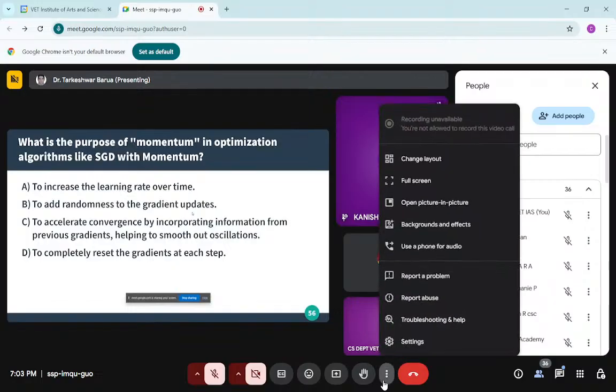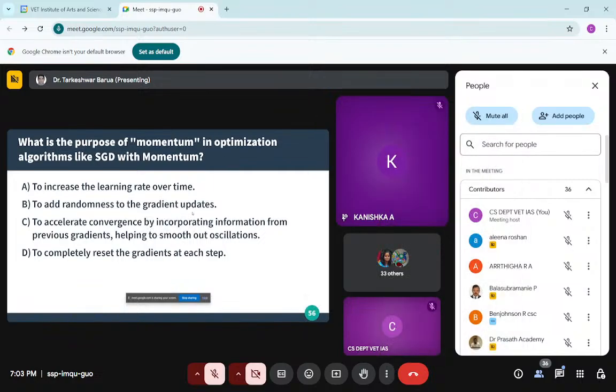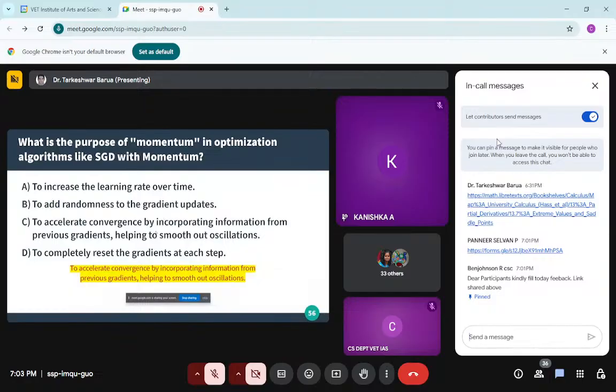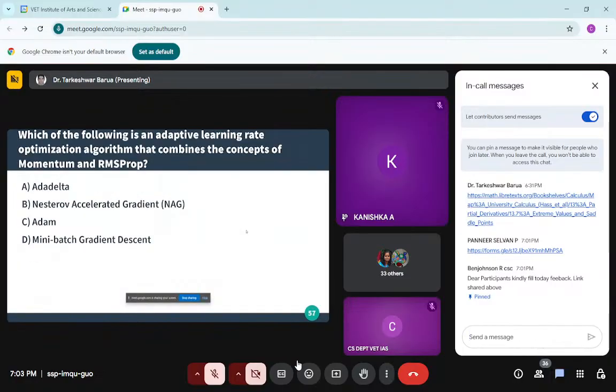What is the purpose of momentum in an optimization algorithm like stochastic gradient descent with momentum? To accelerate the convergence by incorporating information from previous gradients, helping smooth out oscillations. Which of the following is the adaptive learning rate optimization algorithm that combines the concepts of momentum and RMSProp? Obviously, Adam.